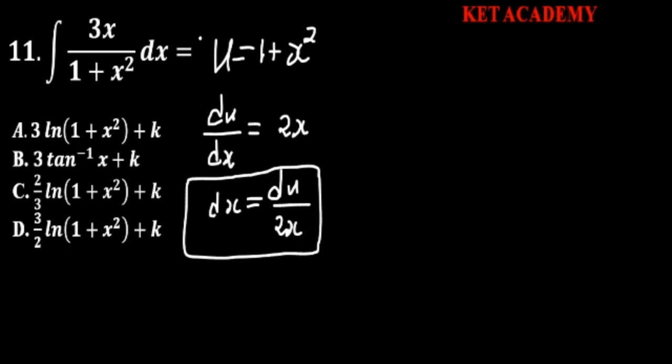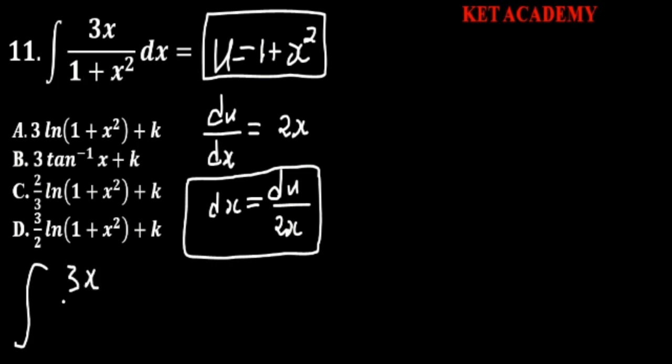Now we also have to note that u is 1 plus x squared. So I simply go back to my original function and I do all the necessary substitution. So now going back to my function, I have that the integral of 3x divided by, I know that 1 plus x squared is u from here. So I'm going to have my u.